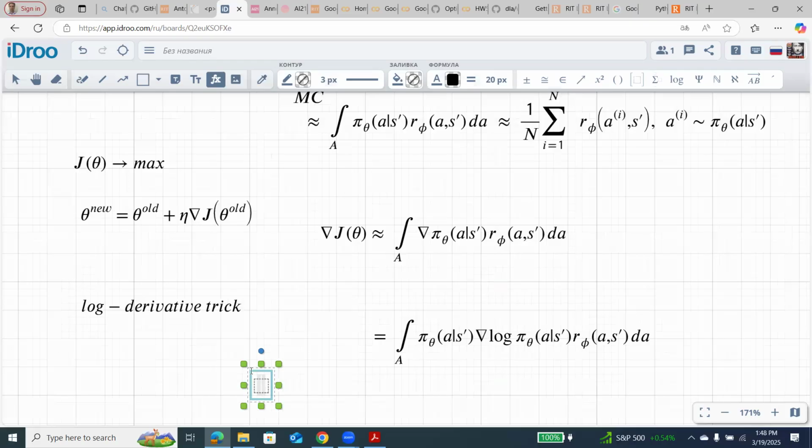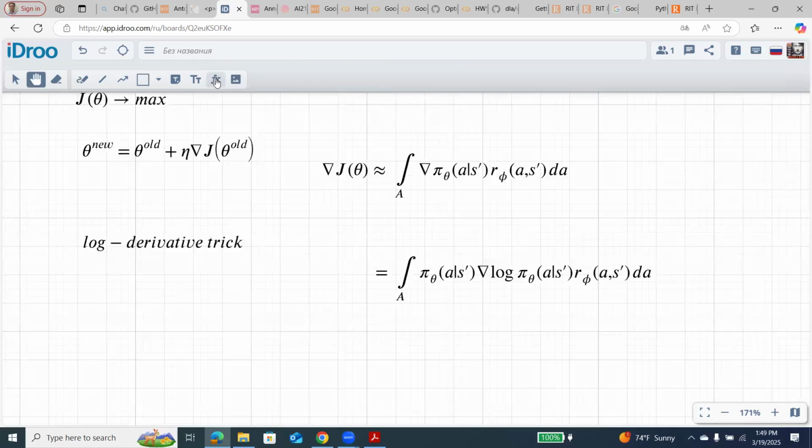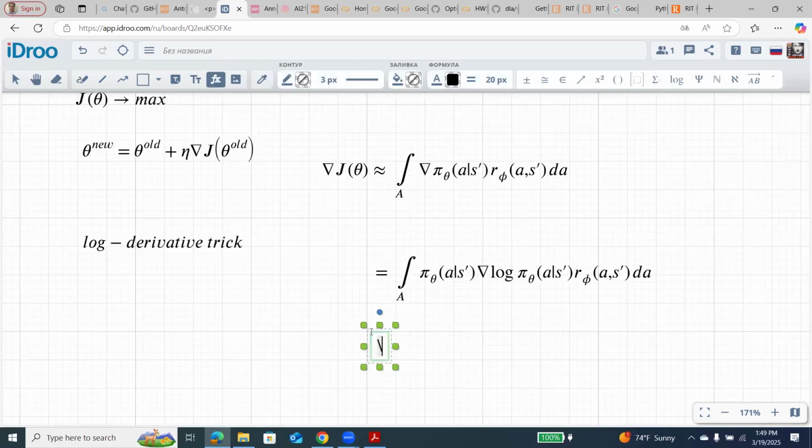Probability times some function is an expected value. And the expected value we can again approximate with Monte Carlo. In the previous integral, we didn't have probability times something, so it wasn't the expectation. The second integral is the expectation. So now we will use Monte Carlo estimation. Now it will actually provide the result.